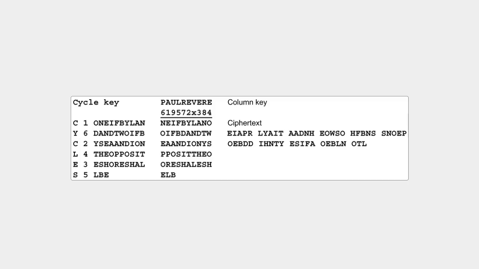Once the cycling key is in numeric form, cycle each row left by the number of positions indicated. Then read out the letters vertically in the order specified by the column key. Here is an example using the cycling key Cycles and the column key Paul Revere.